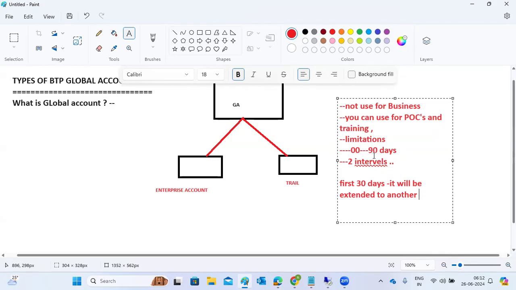You just need to log in one day and browse for 5 minutes, and then your trial account is automatically extended. So the only thing is that in the first 30 days you need to log into your trial account. That is the main thing here.